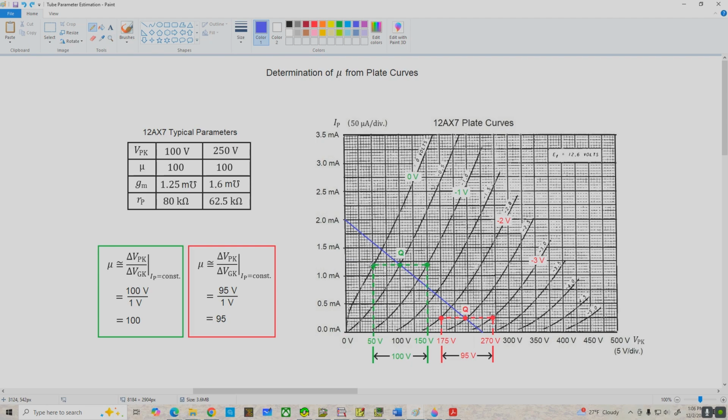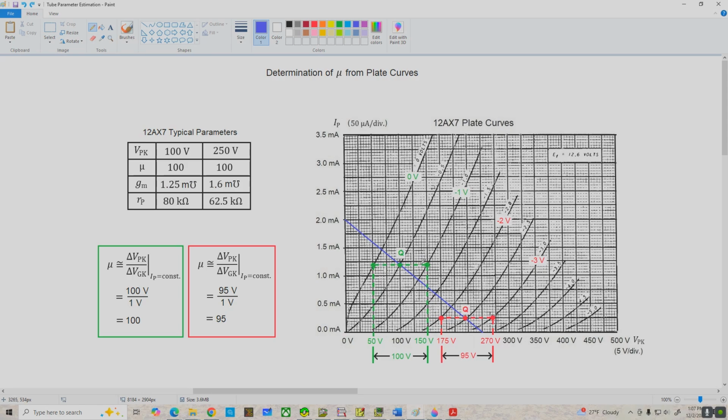Now, what we're going to do is determine the change in VPK for a given change in grid to cathode voltage. So the most sensible way to do this is to use the grid curves located on either side of our Q point. So moving to the left, we've got the VGK equals 0 curve, and moving to the right, we've got the VGK equals -1 volt curve.